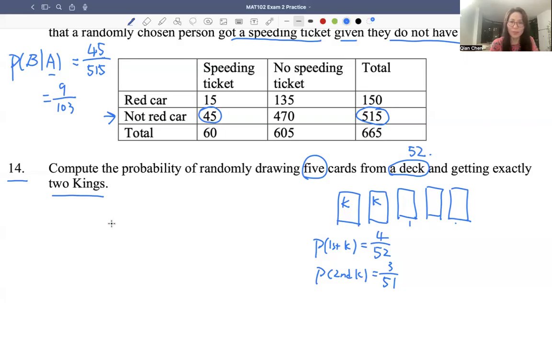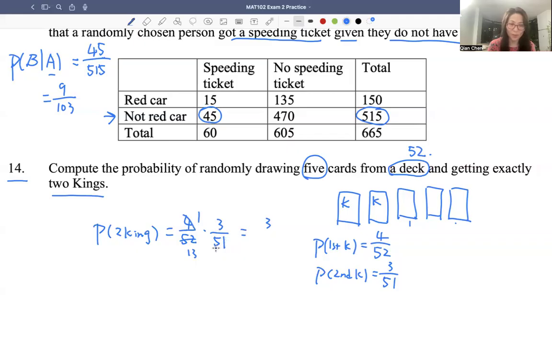So the probability of getting 2 kings is 4 out of 52 times 3 out of 51. This we can simplify, that's 1 over 13. So we get 3, actually this we cannot simplify.